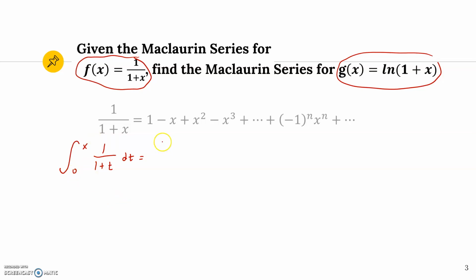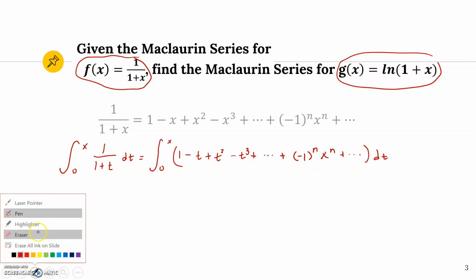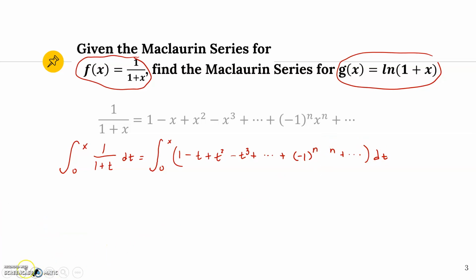So I'm going to do the same thing to the other side of the equation, because I did it to one side, changing these to t's just to avoid confusion as we integrate. And I missed one. This should be a t, not an x.